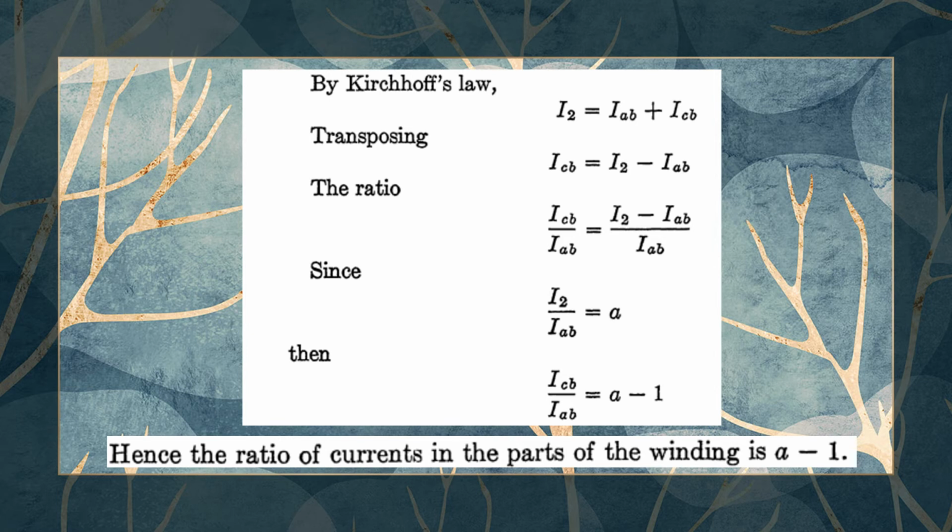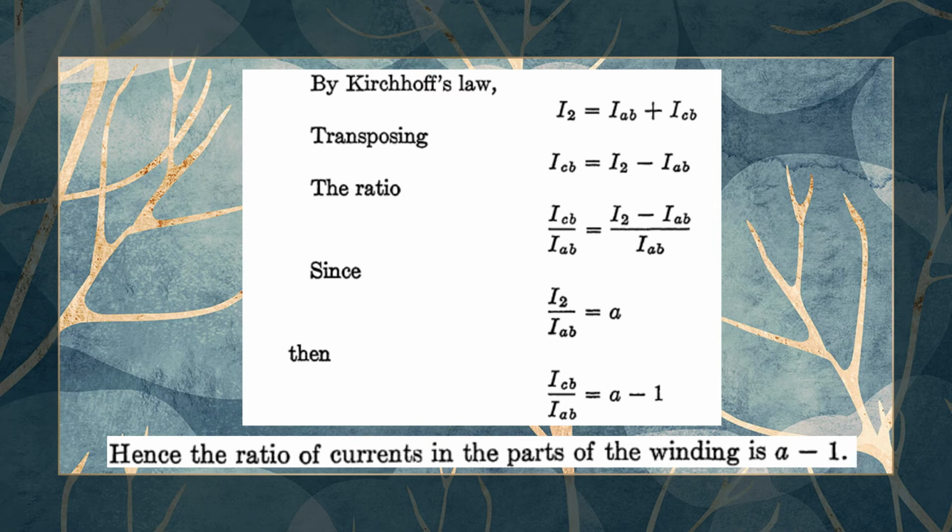Since I sub 2 all over I sub AB is equal to the transformation ratio denoted as A, then yung ratio ng I sub CB all over I sub AB would be the transformation ratio minus 1, or A minus 1.